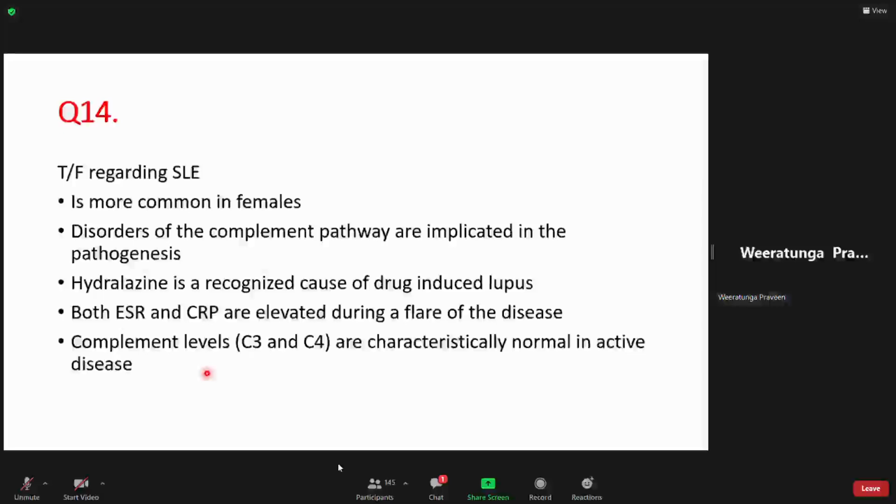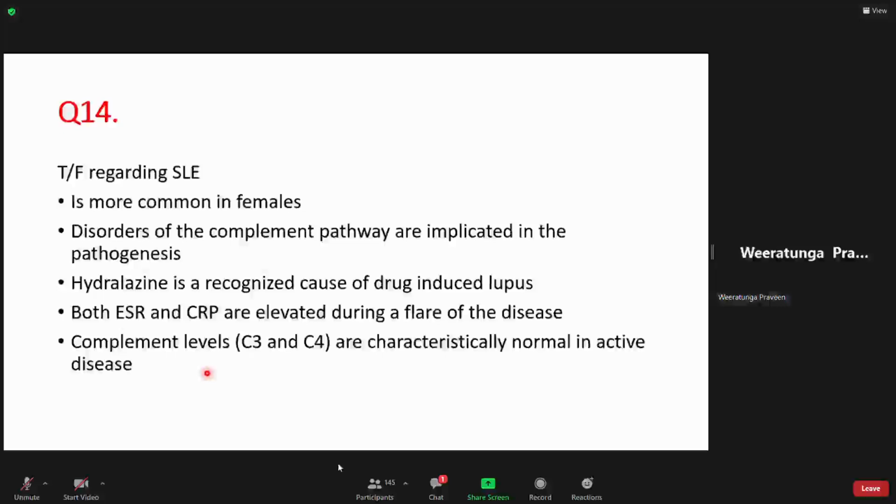In a flare of SLE, they get leukopenia with lymphopenia. In an active flare of SLE, they will consume complement. So their C3, C4 are low, because they are using up complement.